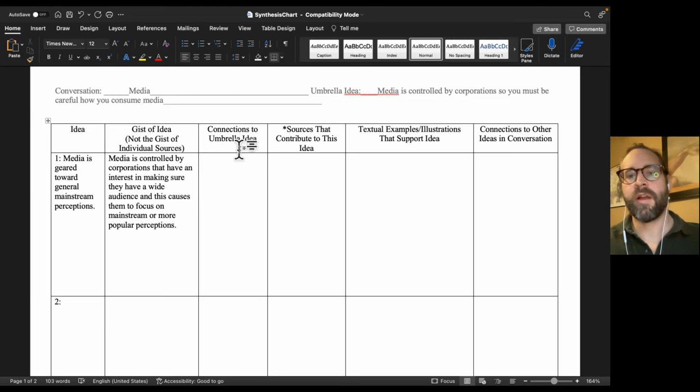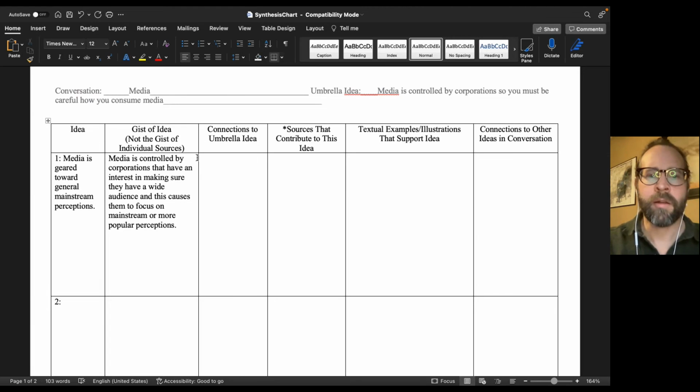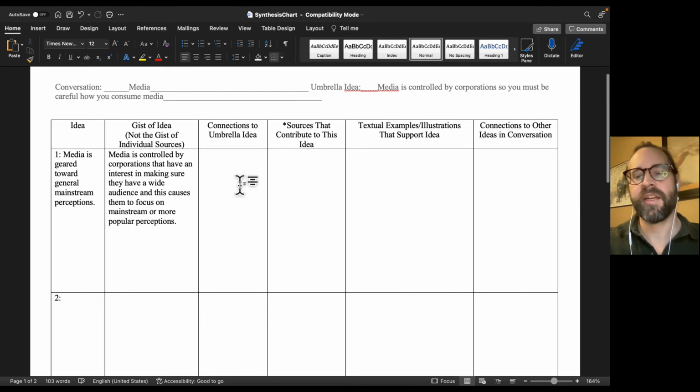The connections to the umbrella idea. So what you're doing here is you're just describing how this idea is connected to our main idea about media being controlled. So you might say something to the effect of, and I won't type this out here, this is connected to corporate control because of a corporation's interest in putting mainstream ideas out to the public.